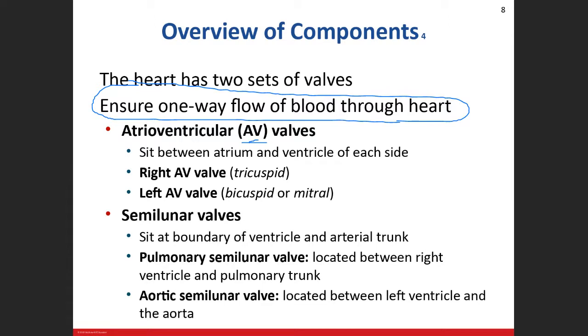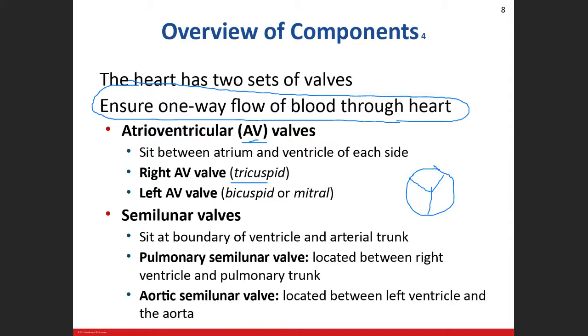So when we're talking about the right atrioventricular valve, it has three little leaflets on it. So if we're looking down on it, and I'm going to try my best not to butcher this, it looks something like that. If we're looking down, there's three leaflets on it, so we call that a tricuspid valve.